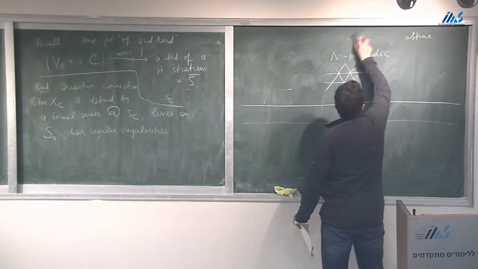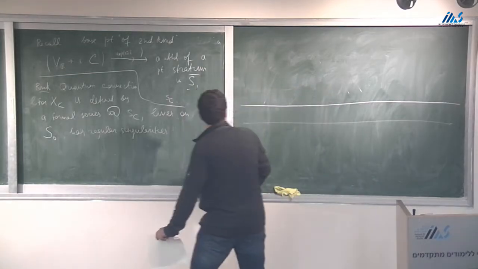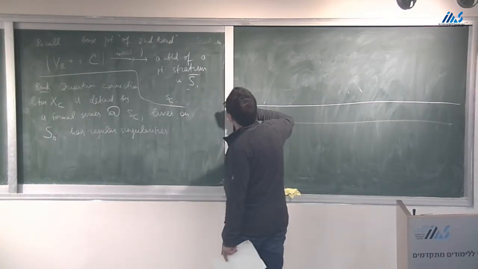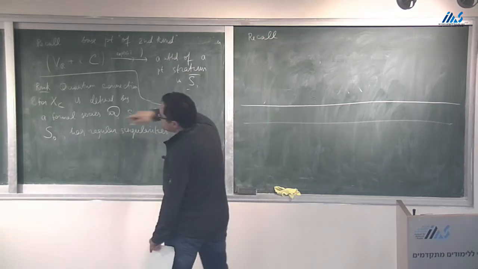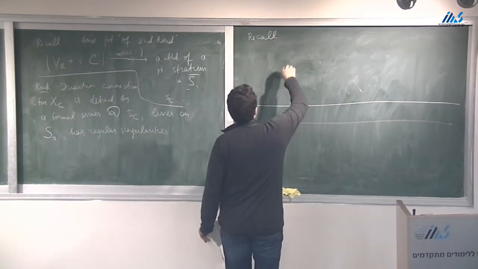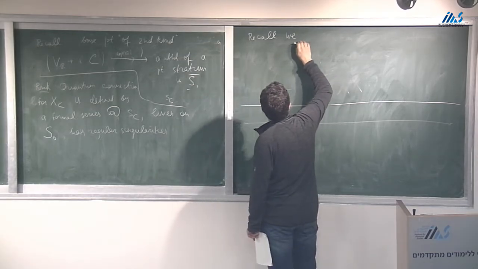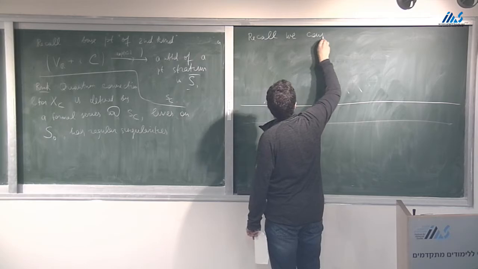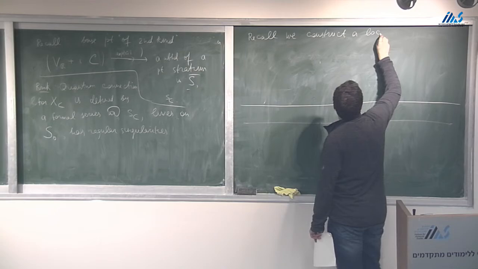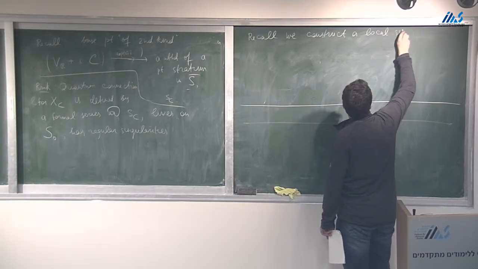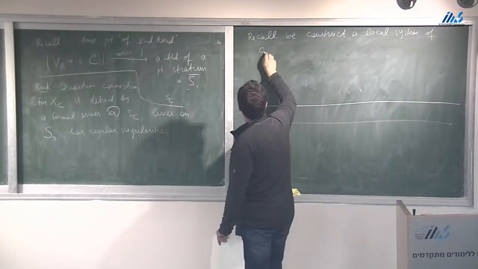Okay, so now recall we want to construct, going back to my linear picture, recall I promised a local system of categories.